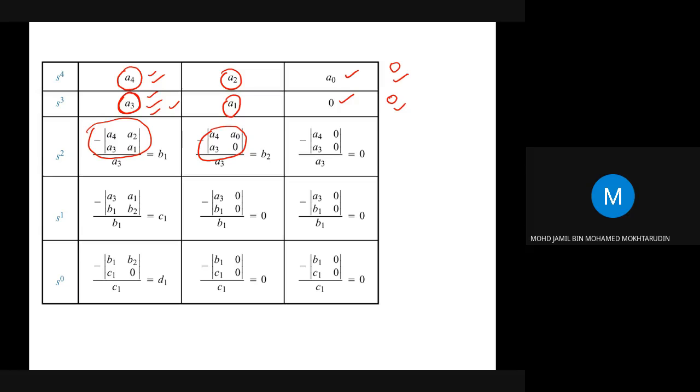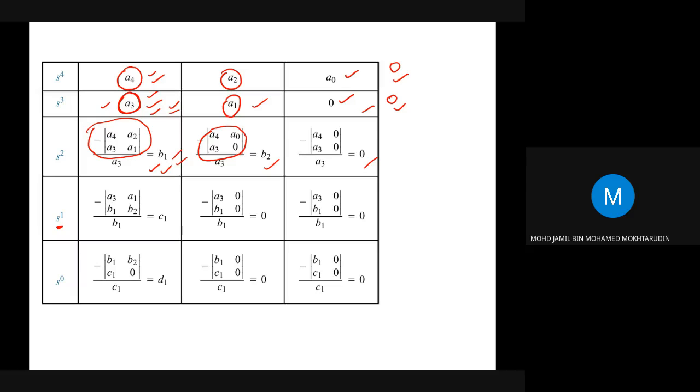Okay, and then for row S1, the first column, basically you need to find the determinant for the values of A3, B1, A1, B2 divided by B1. Okay, and same for the second column, A3, B1, 0, 0 divided by B1.